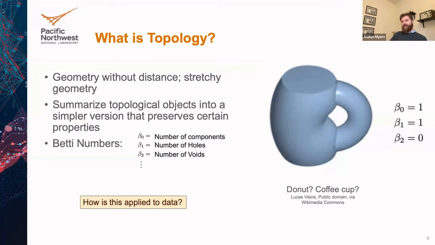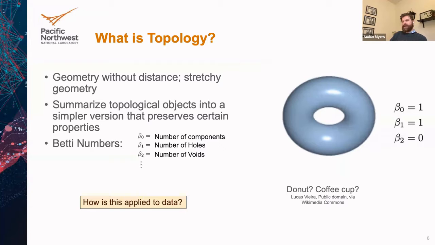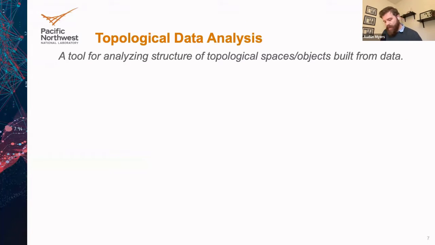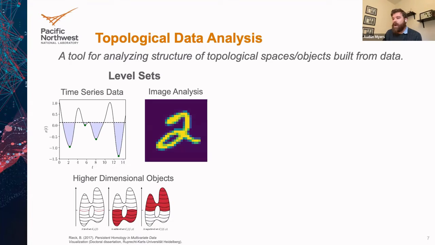So how can we actually apply these Betti numbers to study the topology of actual data? Well, the main backbone of this is the field of topological data analysis, and there are a few different ways of going about it. The first main one is through level sets, where we can do things like pooling. You can think of this almost as the pooling of water for studying time series data, where you track when these pools of water start to form and when they overflow.